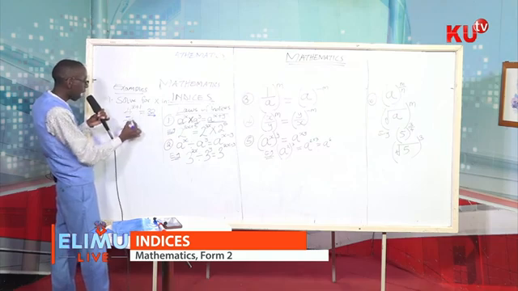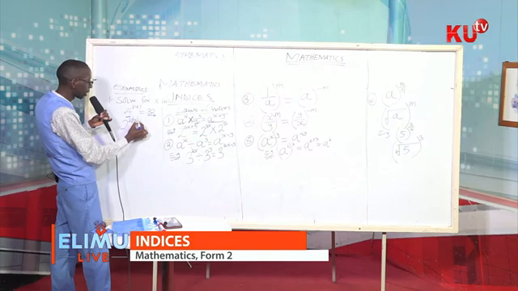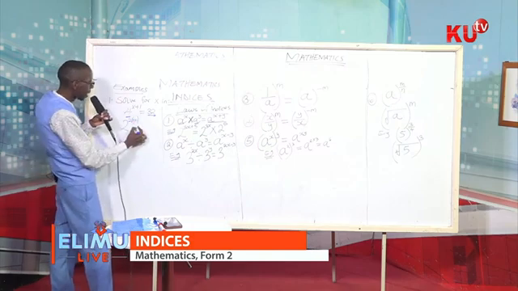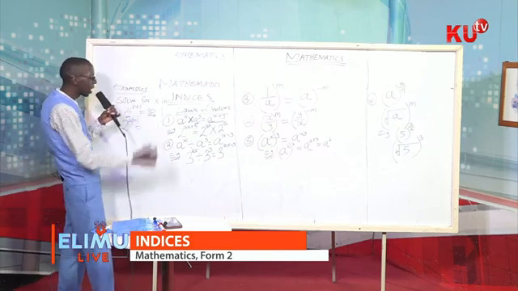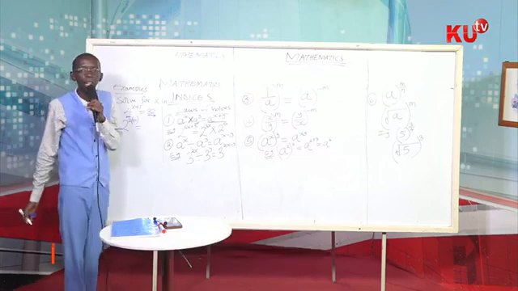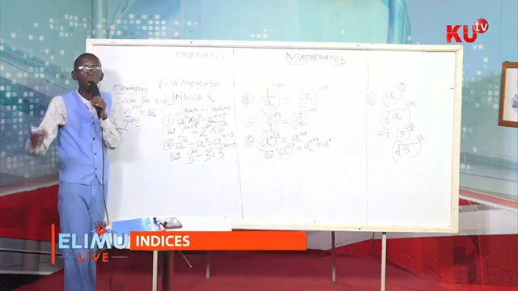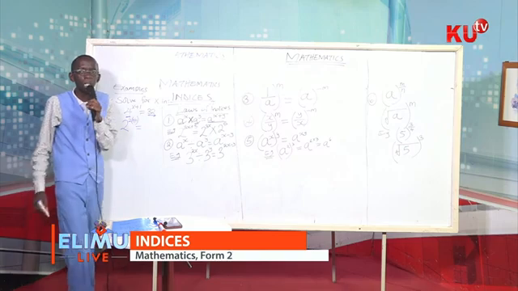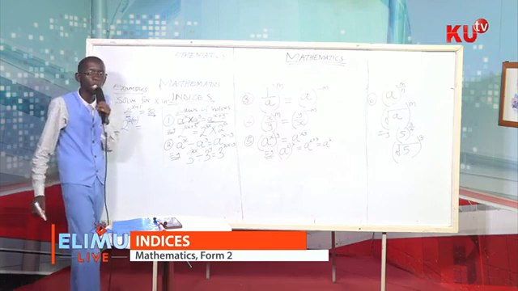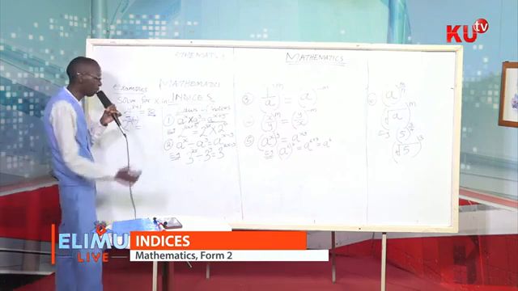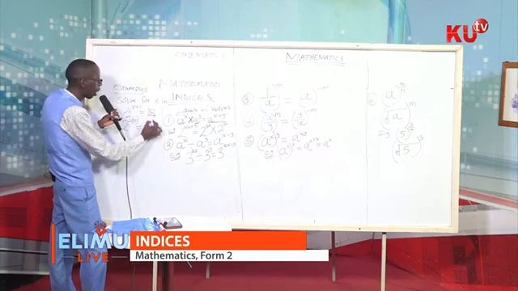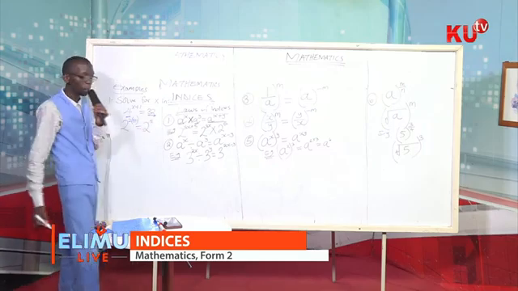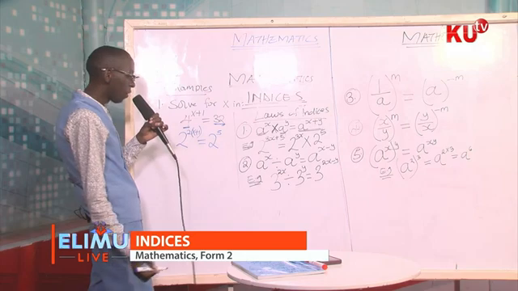Remember, we had x plus 1 at the index is equal to 32. 32 is the same as 2 to power what? 32 is the same as 2 to power 5.